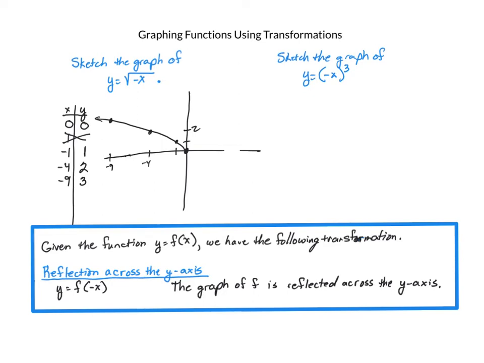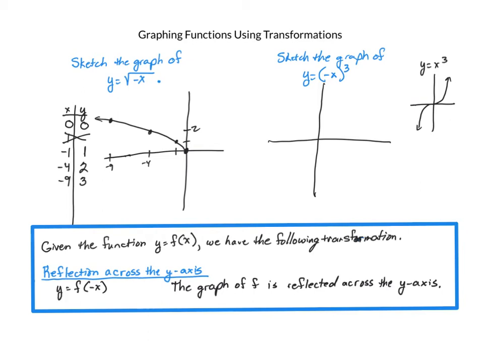So I'm thinking about this being the reflection of y equals x cubed across the y-axis. Let me remind you what y equals x cubed looks like. Here's our parent graph right here. It looks like this. So when we reflect that, now come back over here, across the y-axis, this part right here would be reflected across, and it would exist over here.